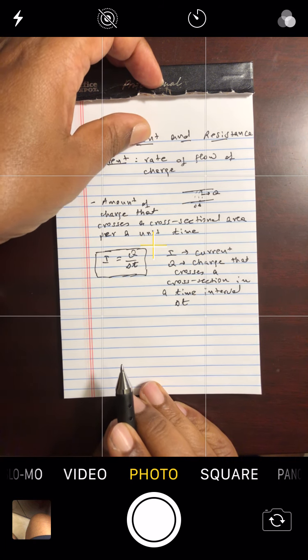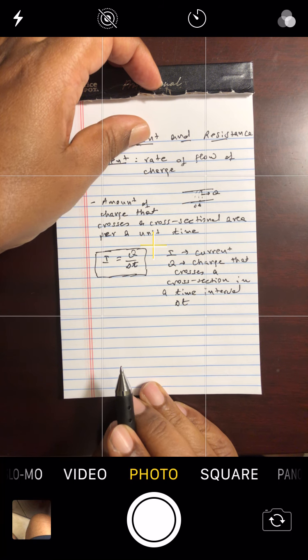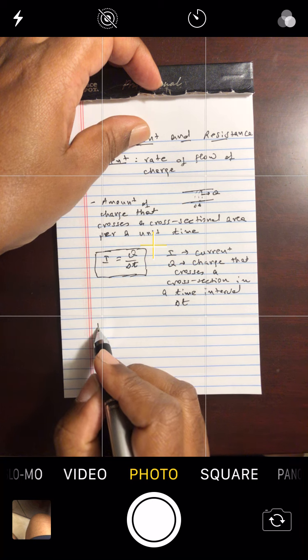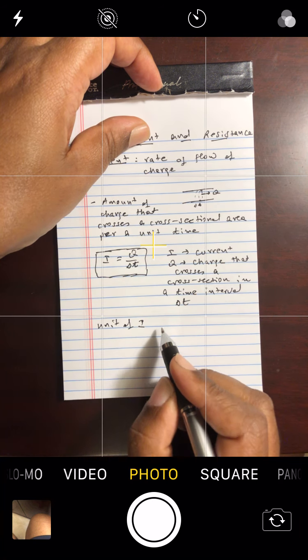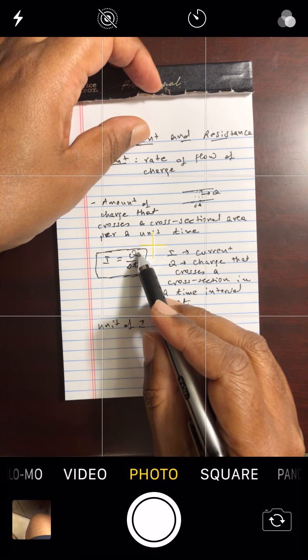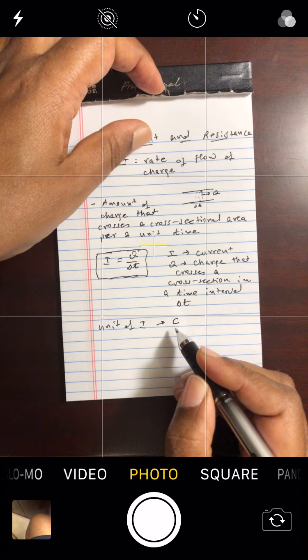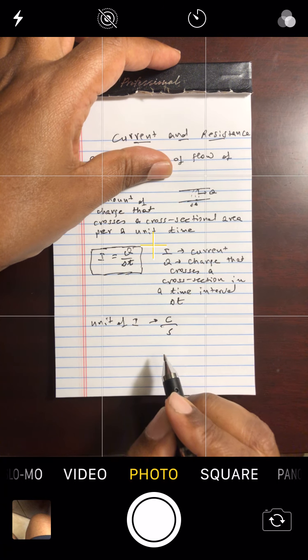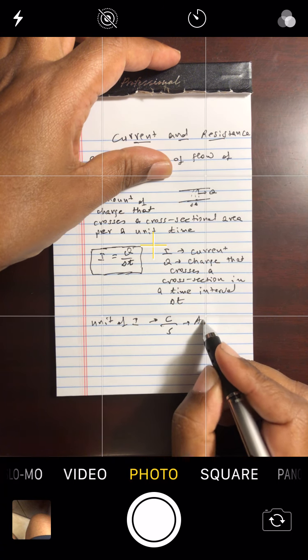Okay, so basically current is rate of flow of charge. Now let's look at the unit of current. This unit of I, as you can see from this formula, is the unit of charge divided by the unit of time, that is coulomb divided by second. That's defined to be ampere and abbreviated by capital A.